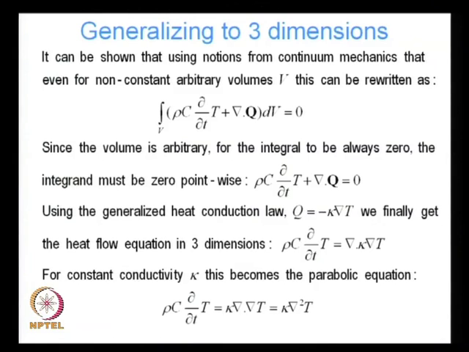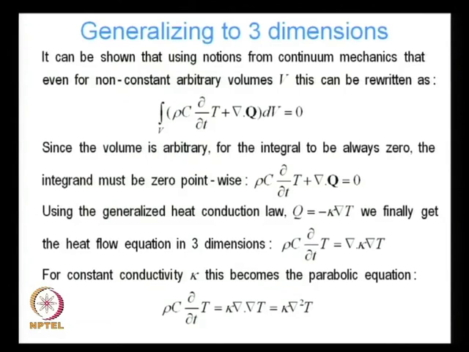an equation very similar to what we had earlier for 1D. And then again we use my heat conduction law, which tells me that the flux is proportional to the negative of the temperature gradient, and then I substitute that there. I get divergence of kappa times gradient of T. In case of constant conductivity kappa, I can pull that kappa out.